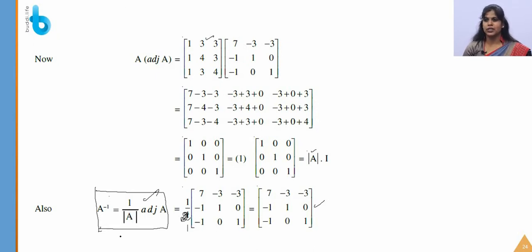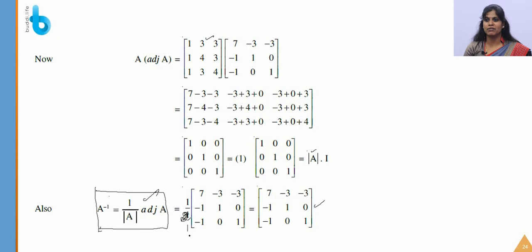In case any other number comes here, you should multiply every element of the matrix by it, or if you get any other number in the denominator, you should divide every element by the same number.